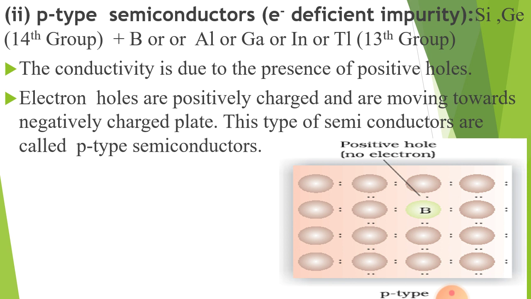Look at the diagram. 3 electrons of boron are balanced by 3 electrons of germanium or silicon, but 1 electron hole is seen here that behaves as a positive hole. Hence, this is the example of P-type semiconductor.